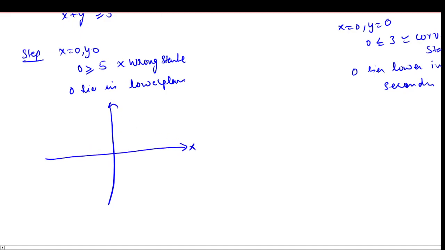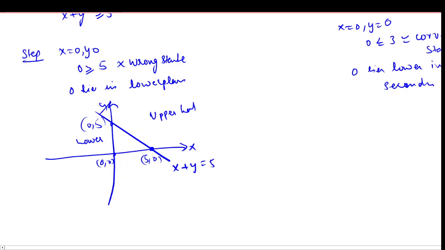This is x, this is y. X plus y equal to 5. And this is point 5 comma 0, and this is 0 comma 5. So we can see 0 lies in the lower half plane, and this is the upper half. And our solution set will be in the upper half region, including the points on the line.